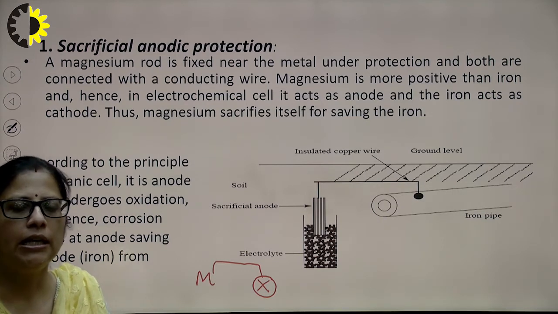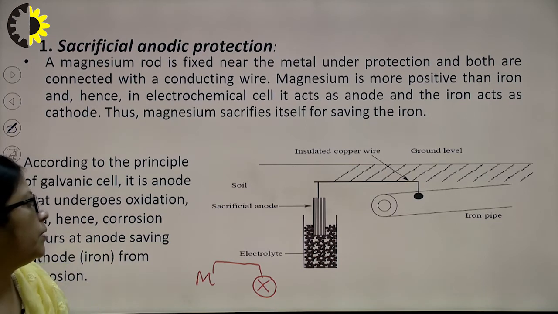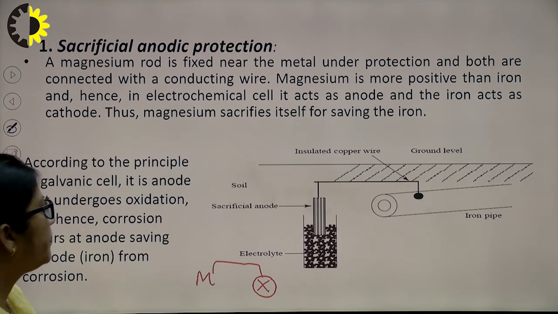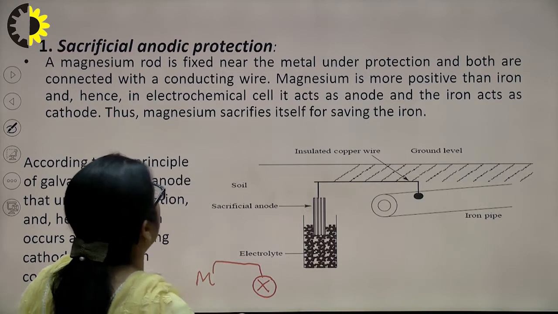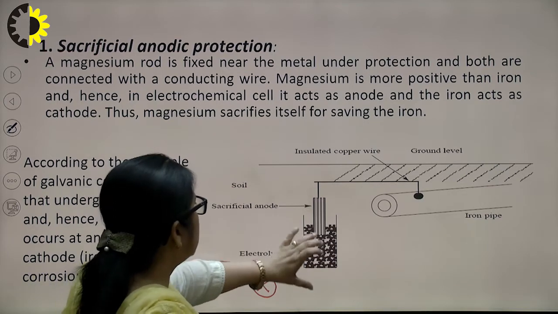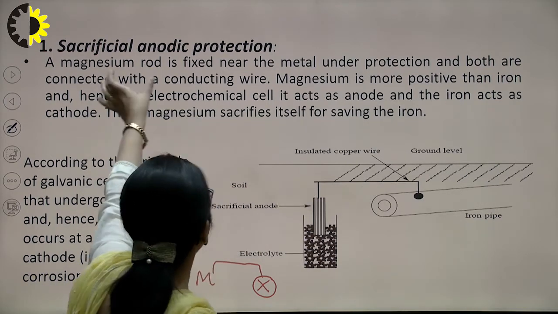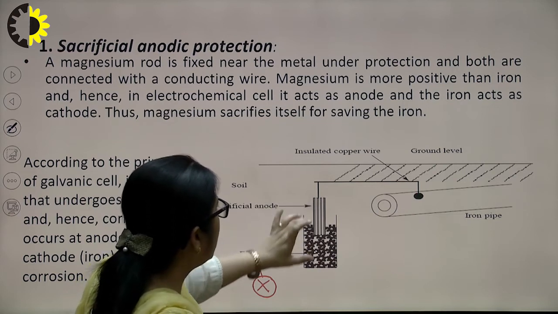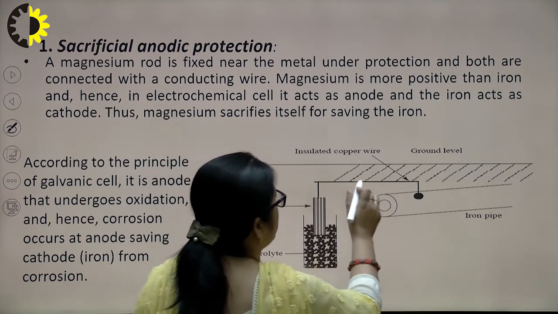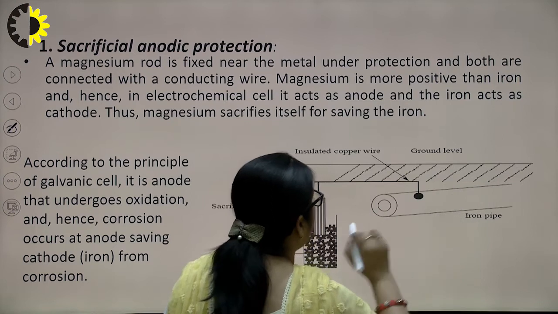So, here in this case, what we have done here, this is the sacrificial anode, which is the magnesium rod we have taken, and it is connected through insulated wire to an iron pipe.